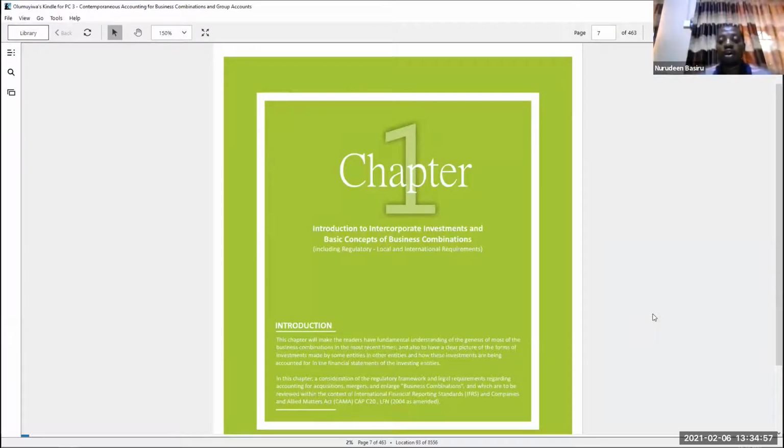We have a form of merger and acquisition. We have a form of joint venture, and we have other forms. If we say merger and acquisition, for example, it could be that company A combines resources with company B in form of having a stake in each.